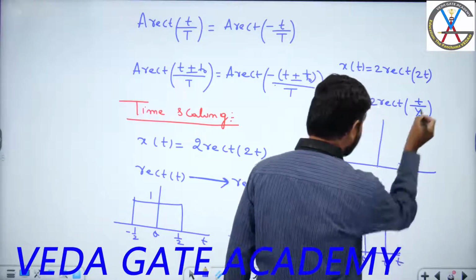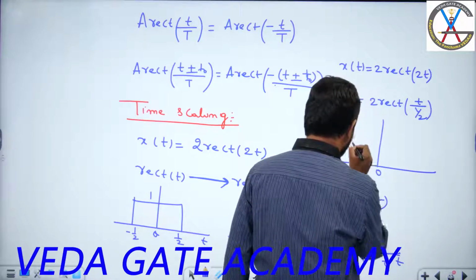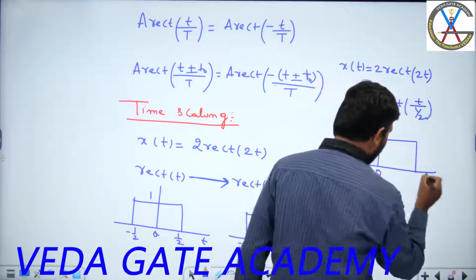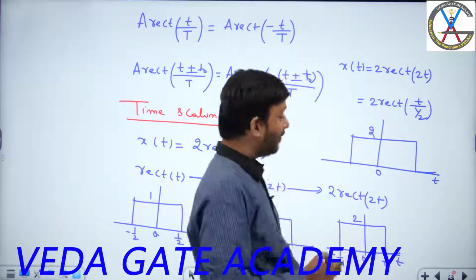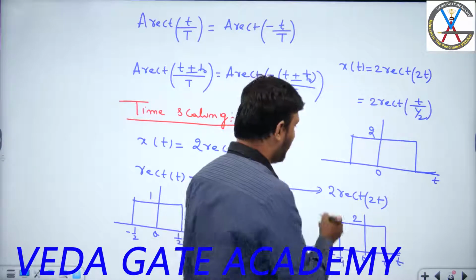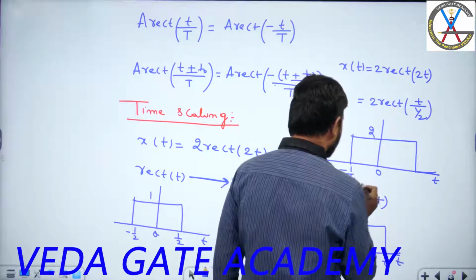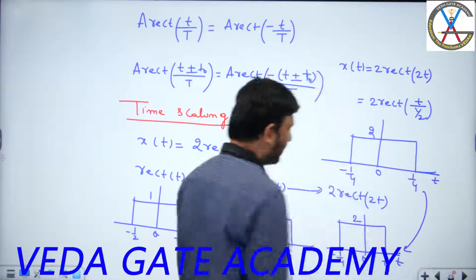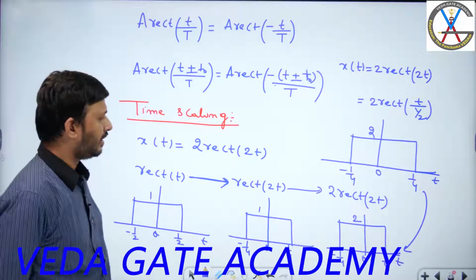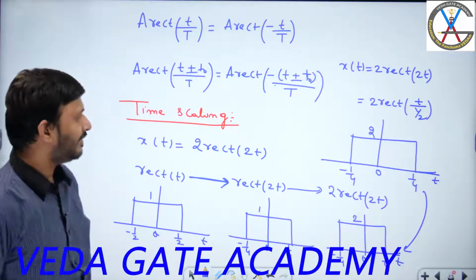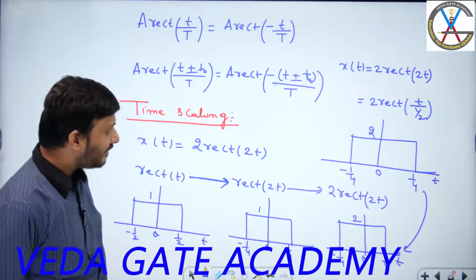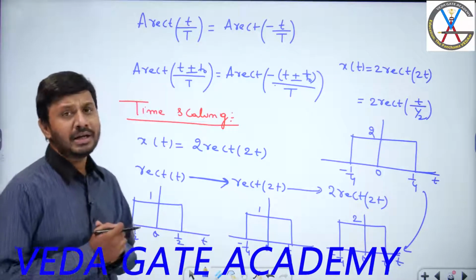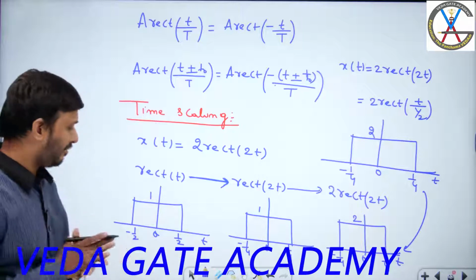Rect means rectangular pulse, center value is 0. What is the amplitude? 2. What is the independent variable? t. And what is the overall duration? 1 by 2 means from minus 1 by 4 to plus 1 by 4. Observe whether you got the same answer or not. Yes, you will get the same answer. Right? In this way also you can proceed. So one problem in our subject can be done in multiple ways.